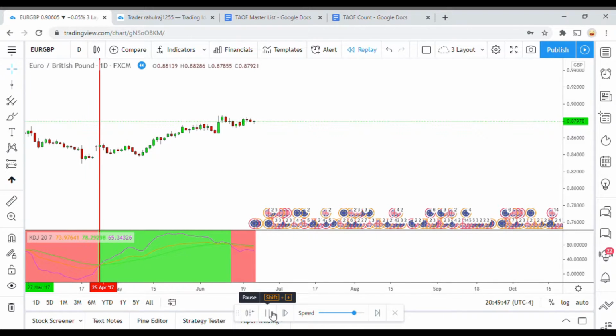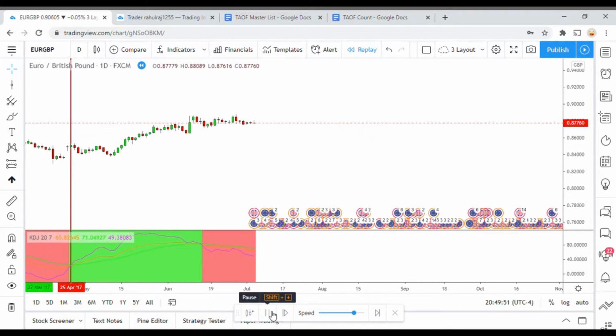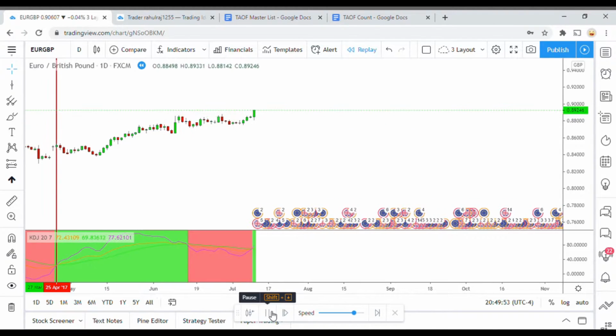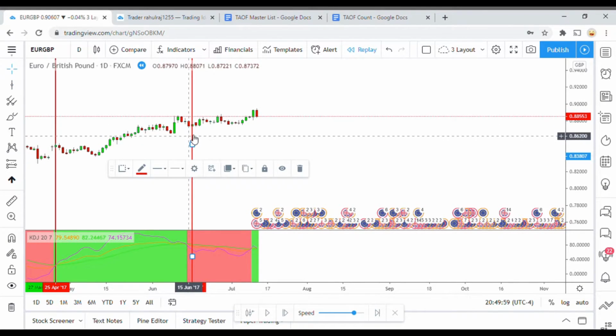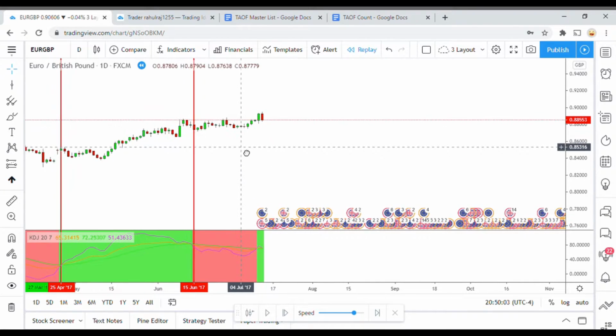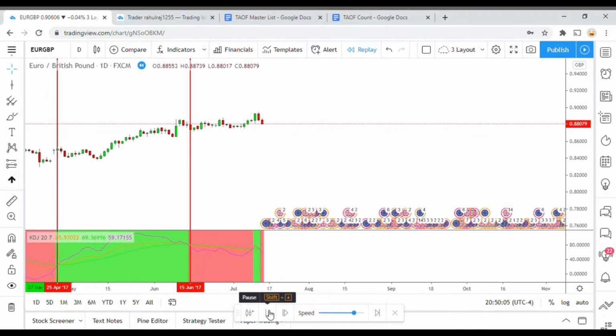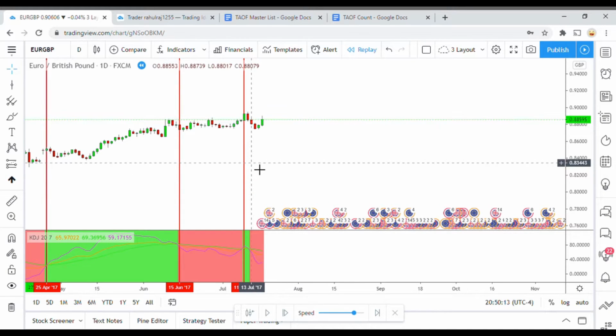Keep plugging along here. Let's see what this one does. Ooh, I think that one ended up stopping us out as well. Yep, definitely didn't get it on that one. Picked up, let's see, long signal here for just a moment.